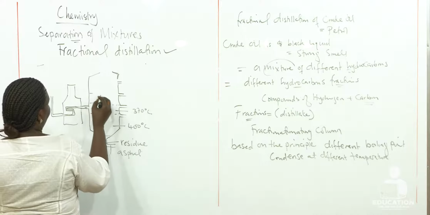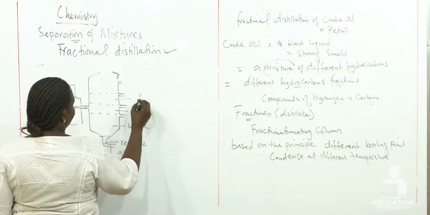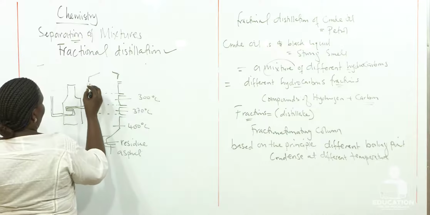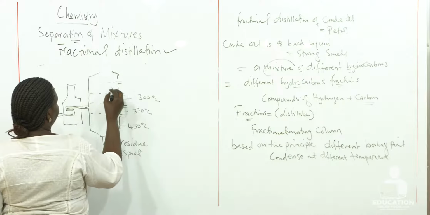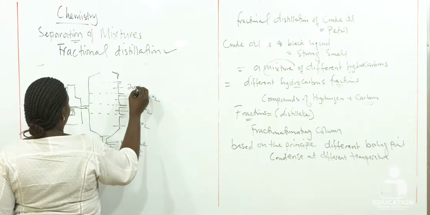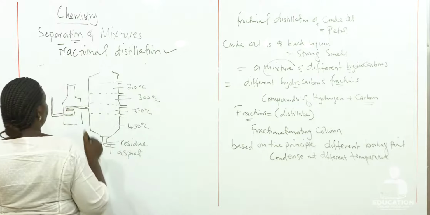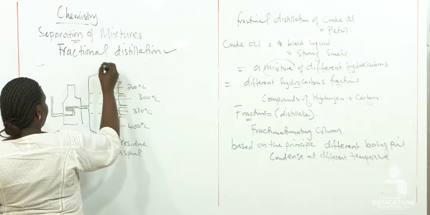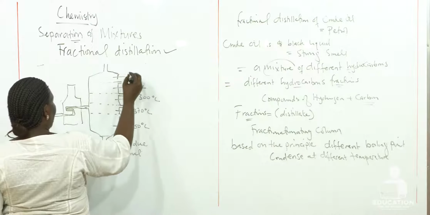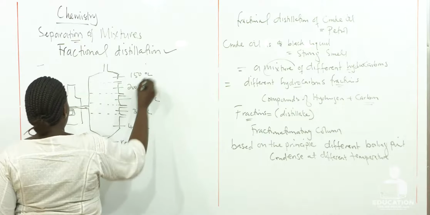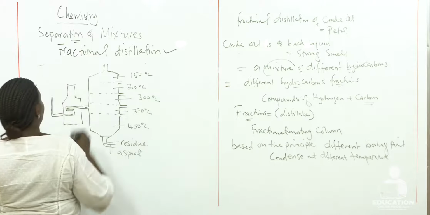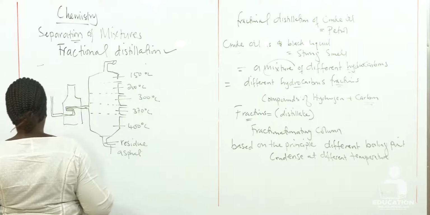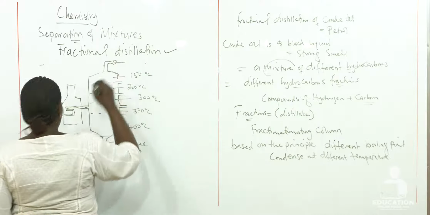Then we have 300 degrees Celsius, then 200 degrees Celsius. At the top we have about 150 degrees Celsius. So we have evaporation of a gas at the top.